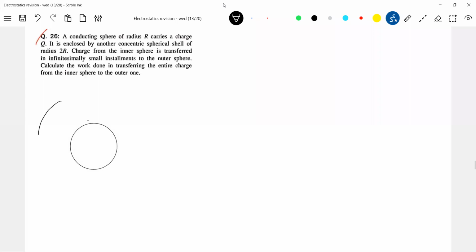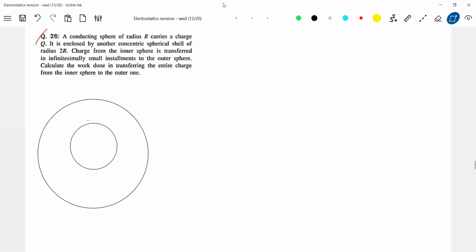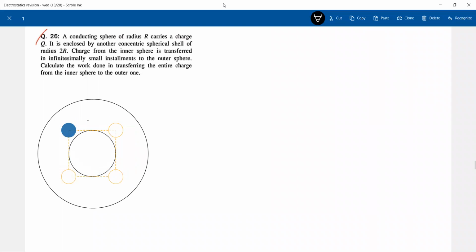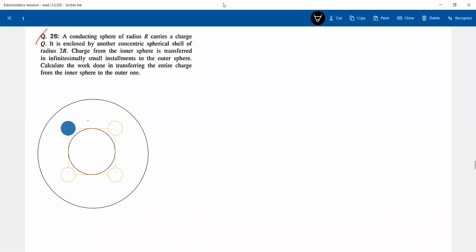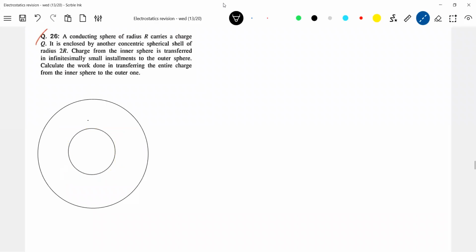He's asking something about work done. He's asking very carefully about some condition. So how do you manage that? This is of radius r.